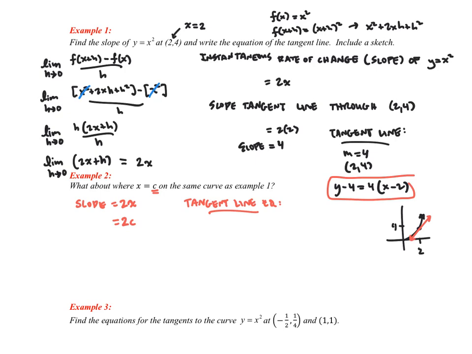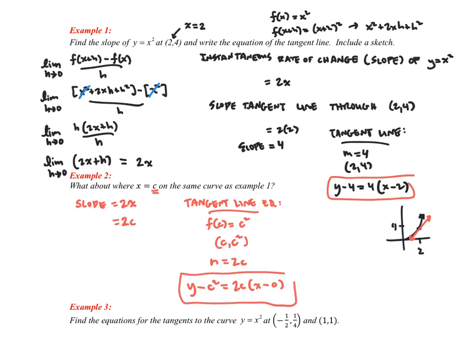So the point here would be f of c equals c squared. So my point would be (c, c squared), and my slope would be 2c. So the equation of the tangent line would be y minus c squared is equal to 2c times (x minus c). There's the equation of the tangent line where x equals c on that same curve.